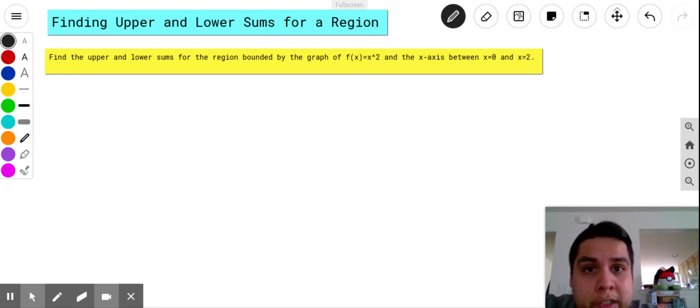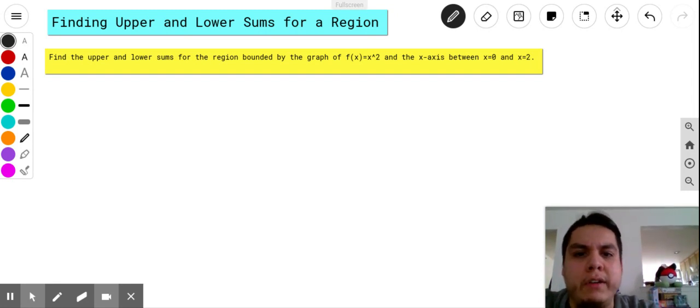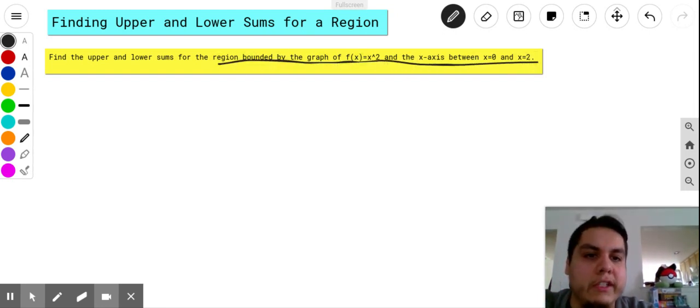So what I want you to do is be familiar with how to take this sentence and figure out the region bounded by the graph between the x-axis and x equals 0 and x equals 2.